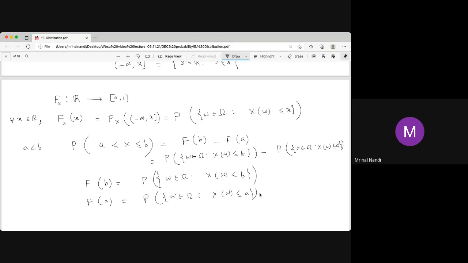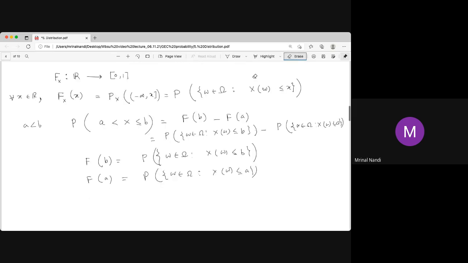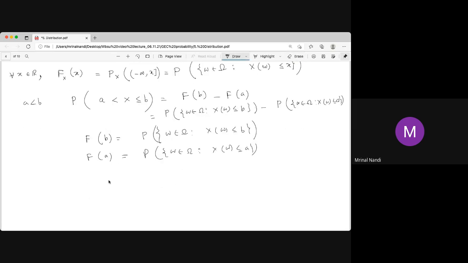If I call these sets A_b and A_a, then A_b is the set of all omega belonging to Omega such that X of omega is less than or equal to b, which you can write in several notations, including X less than or equal to b. Notationally, you can write any of them.